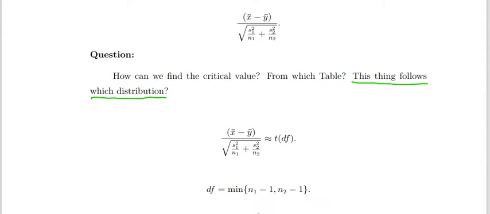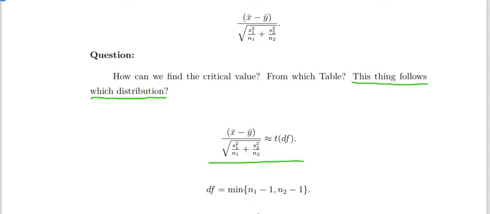Its distribution is quite complicated. If it is too complicated, then we just use an approximation. We say roughly this thing follows, is close to, the T distribution.